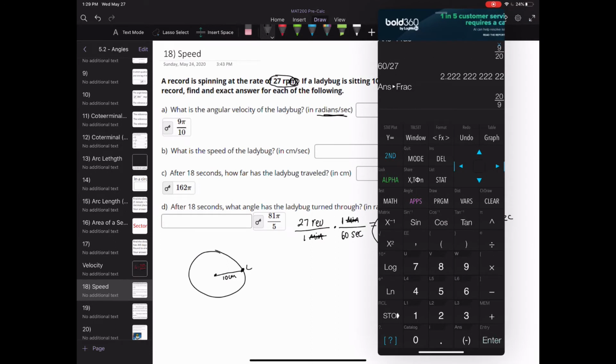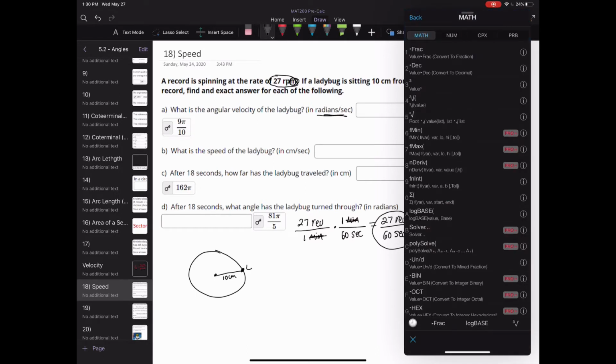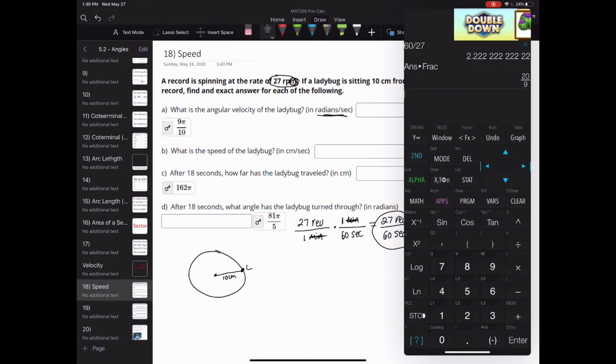I think I typed that in incorrectly there. Let's do it one more time. 60 divided by 27. And that's the same number. Math, fraction. 20 over 9.